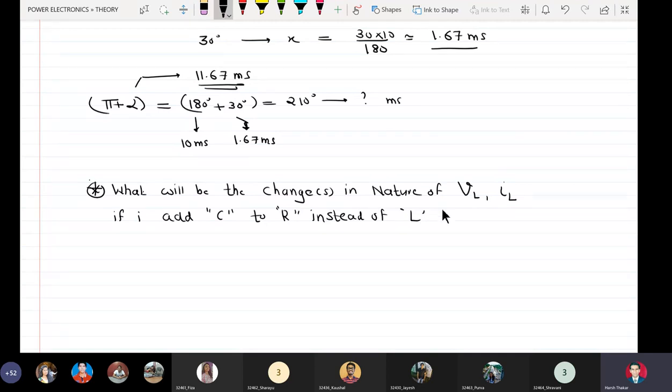Yes, I want answers from your side. What will be the changes in nature of VL or IL or both if I add a capacitance to the resistor instead of inductance? Speak out.